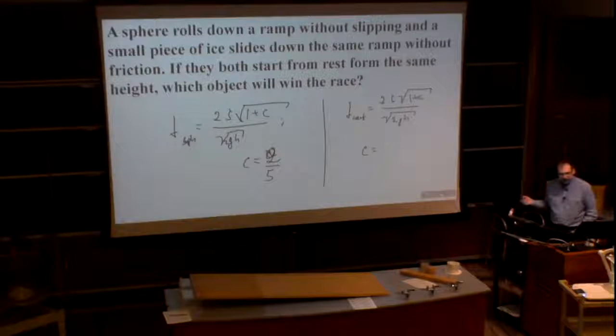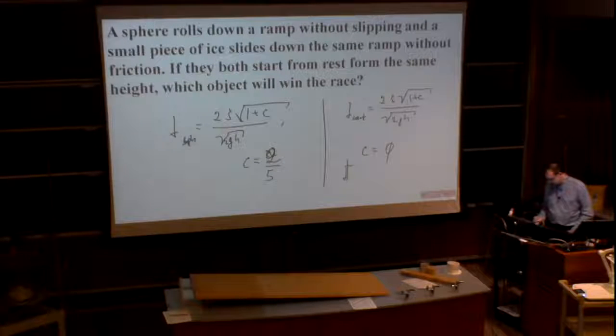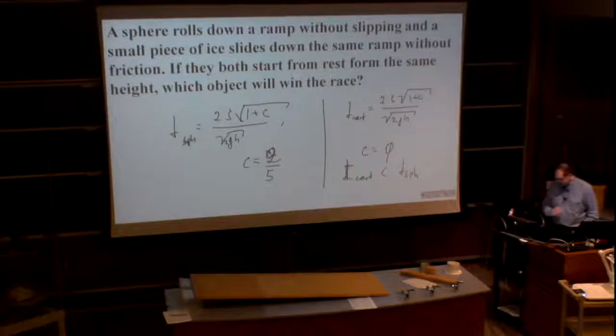If it doesn't roll at all, no rotation, no means what? 0, nothing. You have solved this problem before. So that's why the time to reach the bottom of the ramp for the cart is less than the time to reach the bottom of the ramp for the sphere. That's why the cart wins the race now.